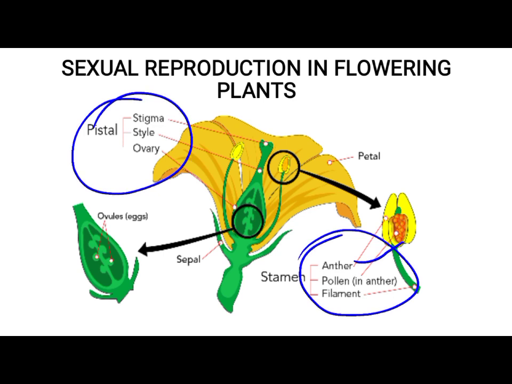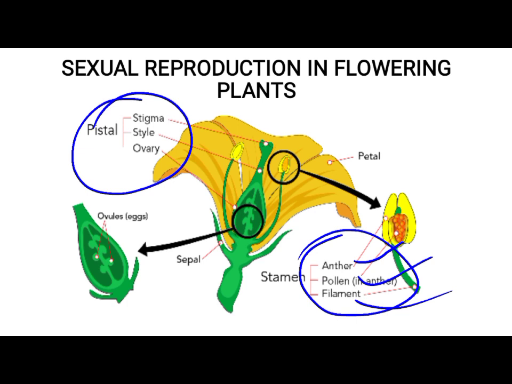Okay, so as you can see in the structure, the anther basically contains the pollen. Okay, it houses the pollen grain, and the pollen grains are like the gametes. Then you have the filament. The filament is actually the structure that carries the anther.